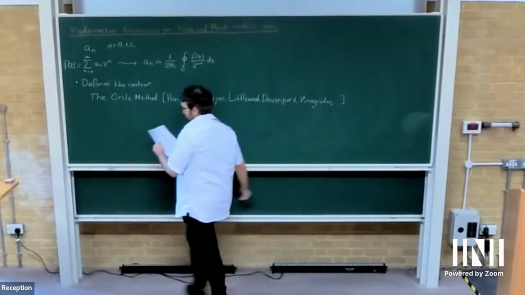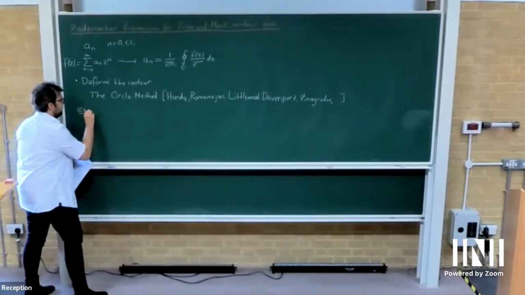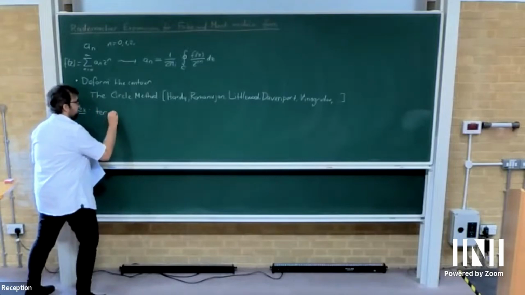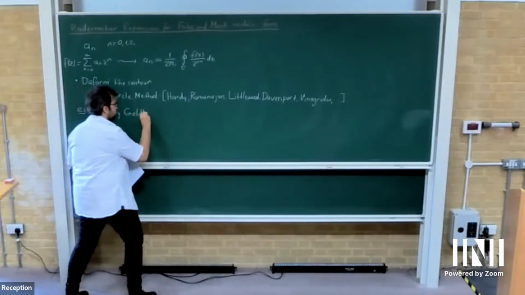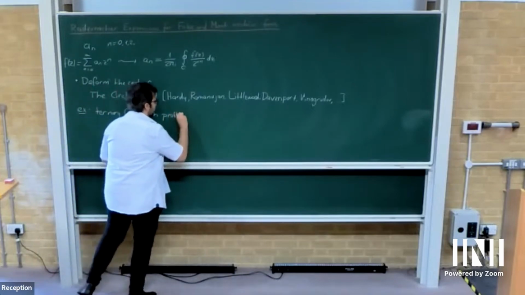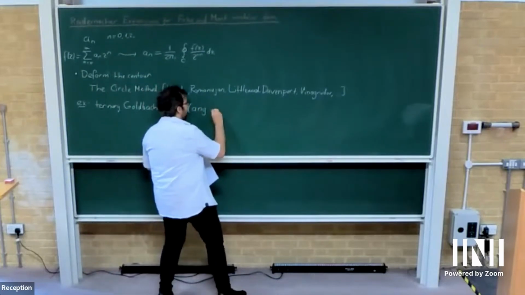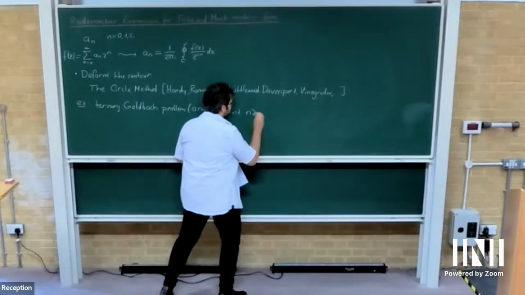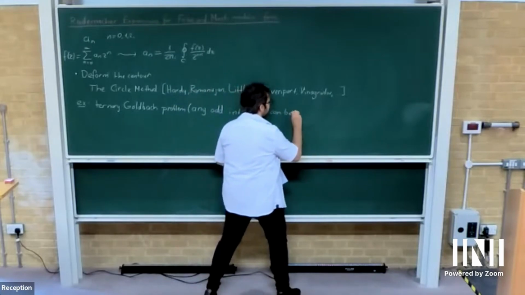For example, as a problem you can study with this method, suppose you'd like to study the ternary Goldbach problem, sometimes also called the weak Goldbach problem. It says that any integer greater than or equal to 5 can be written as a sum of 3 primes.